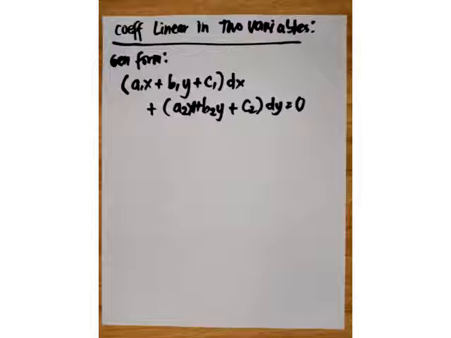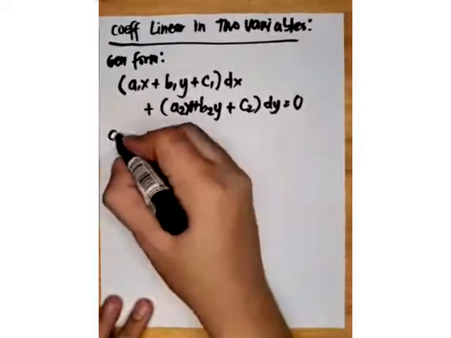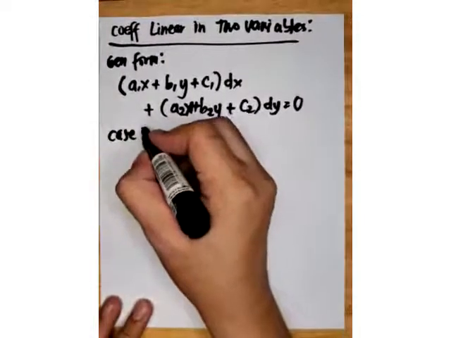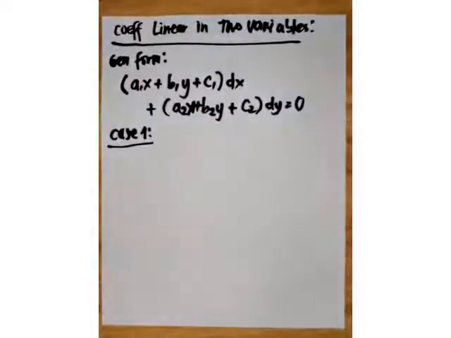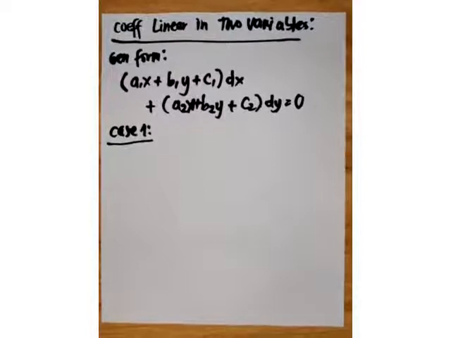Okay, so let's say that our given function is that. First, we need to test if it's case 1 or case 2. For today, we'll only be dealing with case 1. How do we test whether it is case 1 or case 2? We test it using ratios.